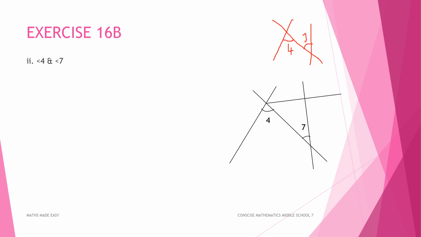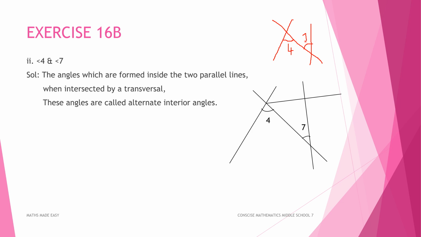So from the name itself and from the position itself, we can easily say that it is interior vertically opposite angle. Sorry, children. Interior alternate angle. Or it can also be said as alternate interior angle. This is how you can remember just from the name itself.